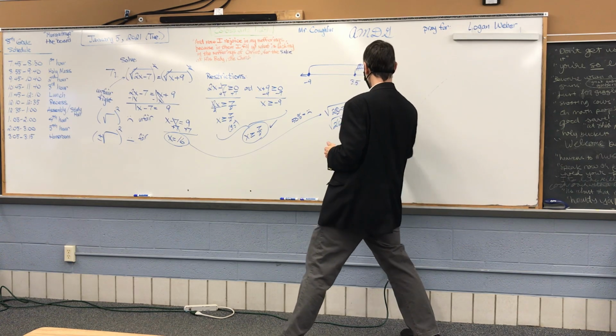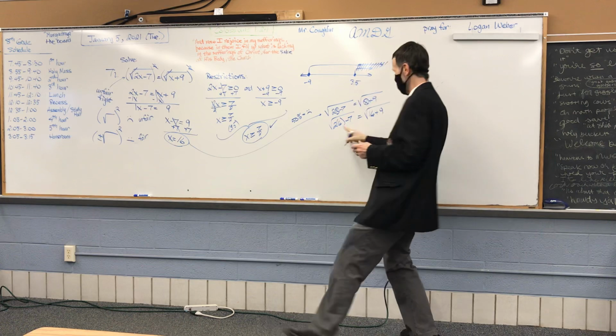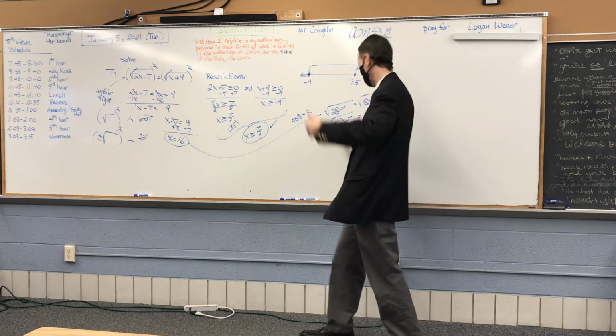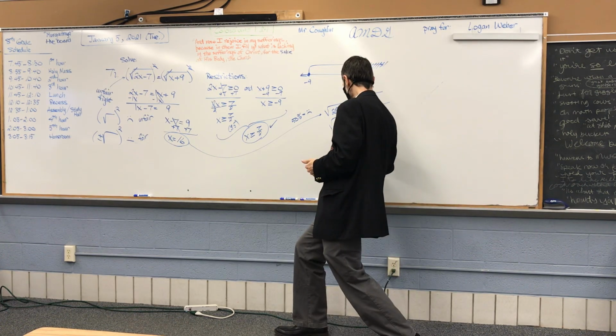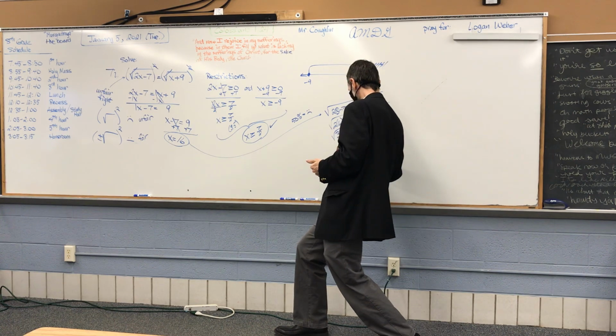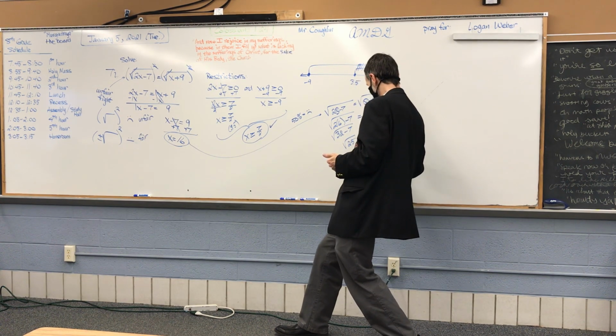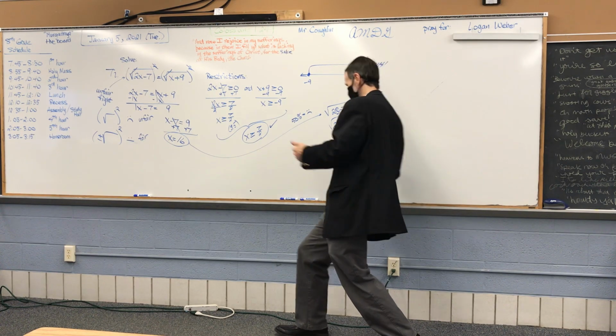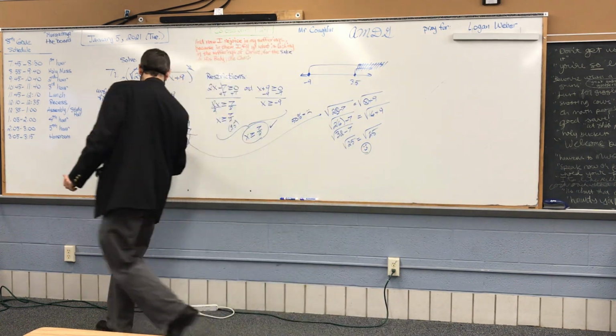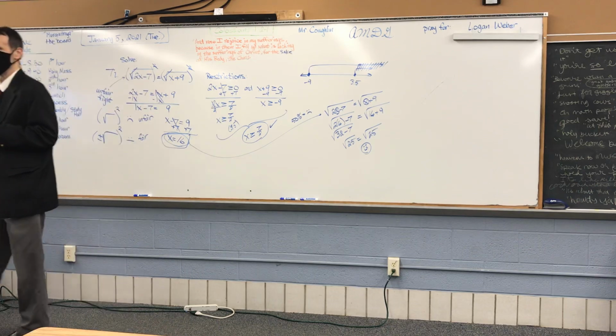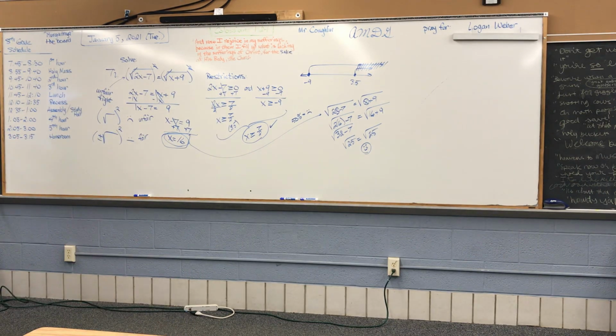And I want to know if that's equal to 16 plus 9. What's 2 times 16? 32. What's 32 minus 7? 25. So this radical 25 equals radical 25. Does this work? Yes. Congratulations, you got your solution. X equals 16 works. It can be tedious to find out if something is legal, but it's always worthwhile.